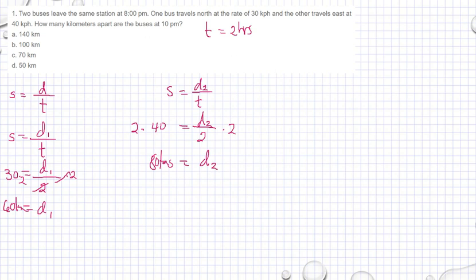If we're going to study once again, the question is that one bus travels north and the other bus travels east. If this is the origin, one travels north and this one travels east.